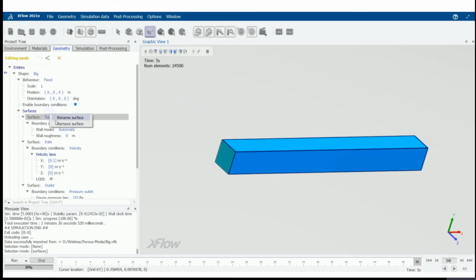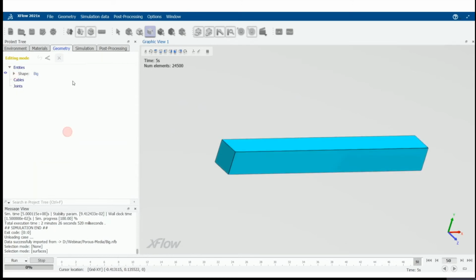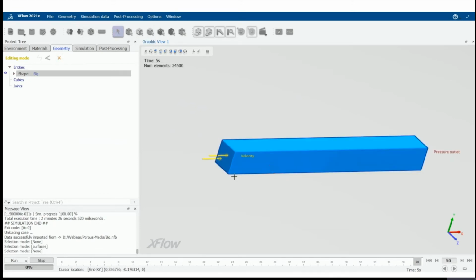And other surfaces, of course, are wall, and the boundary condition type is wall. So we already defined this geometry. However, I need to change the normal direction of the surface inward, because the flow is passing through the channel.